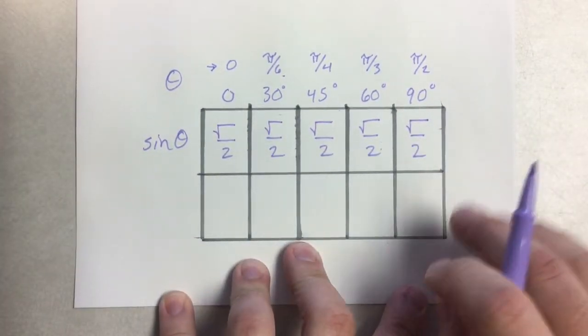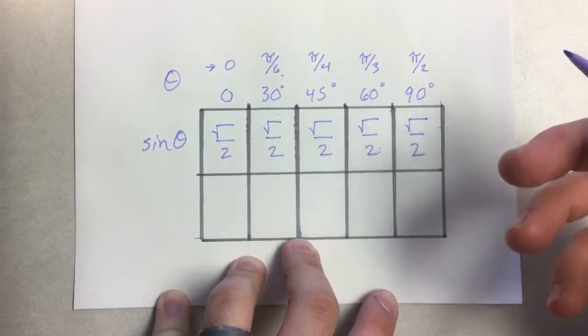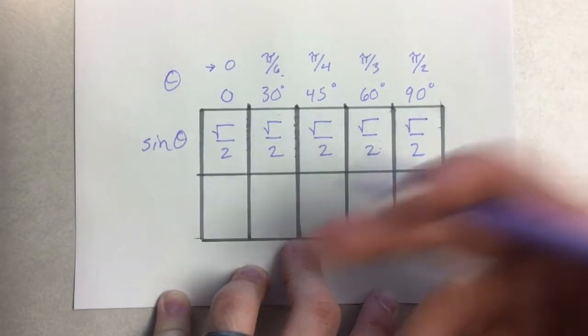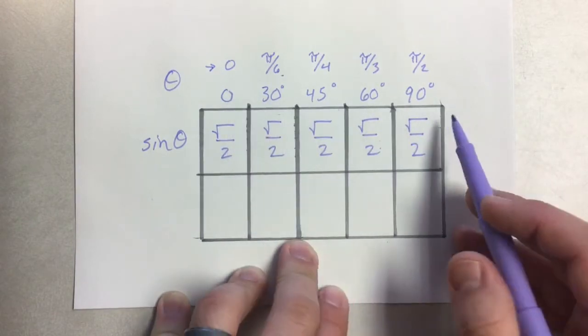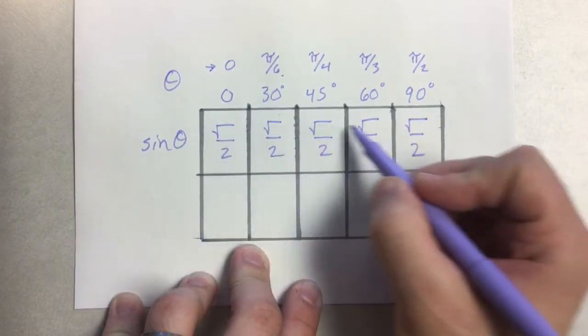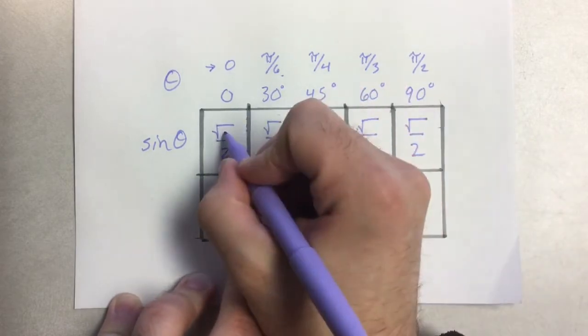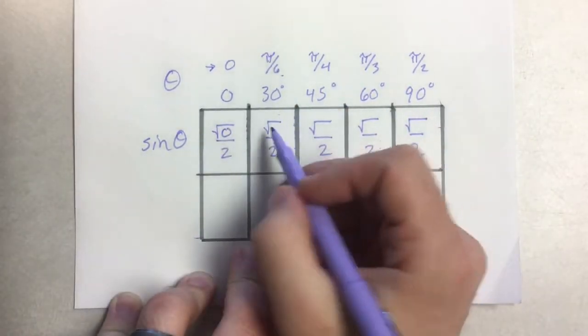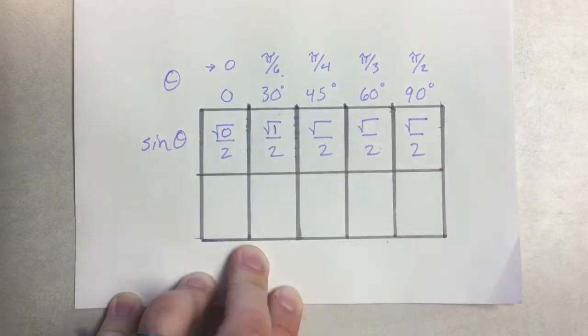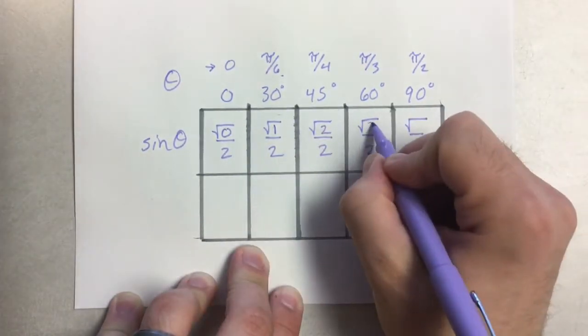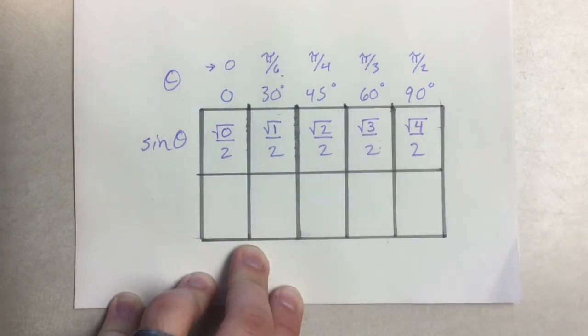Now, how this table can help us know the trig ratios at these special angle measures is by putting our angle measures in order. Our radicals go in order, starting at 0, and it increases by 1 every entry. So 1, 2, 3, 4.